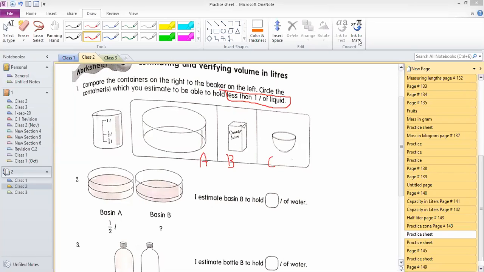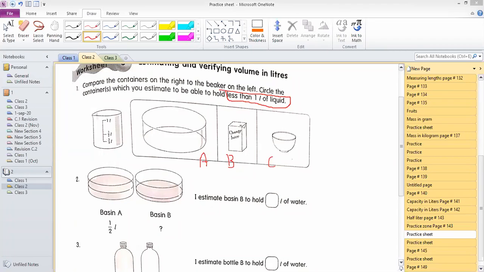Yes, Amal. You have to tell me which container you think can hold less than 1 liter of liquid. Which container has a capacity of less than 1 liter compared to this container? A, but A can hold more as well. What do you say? A can hold two.